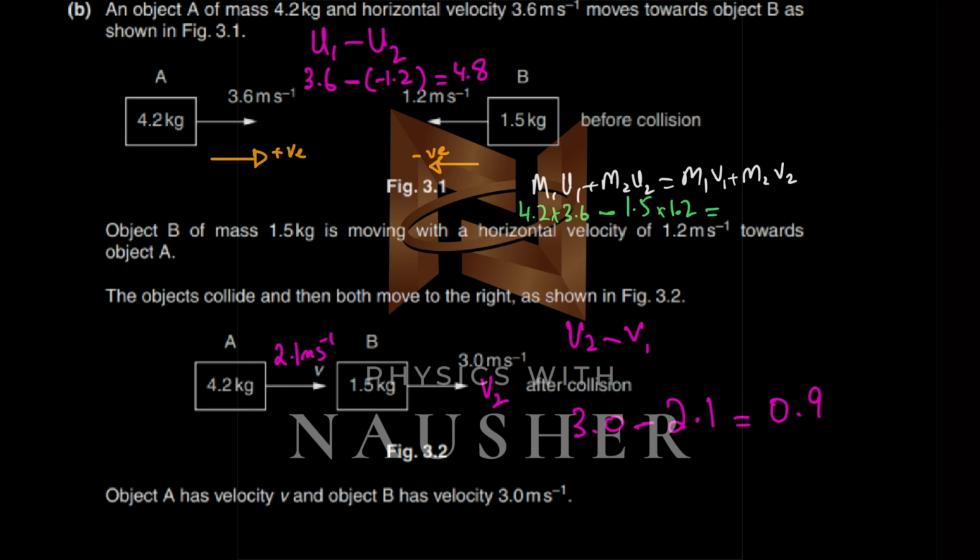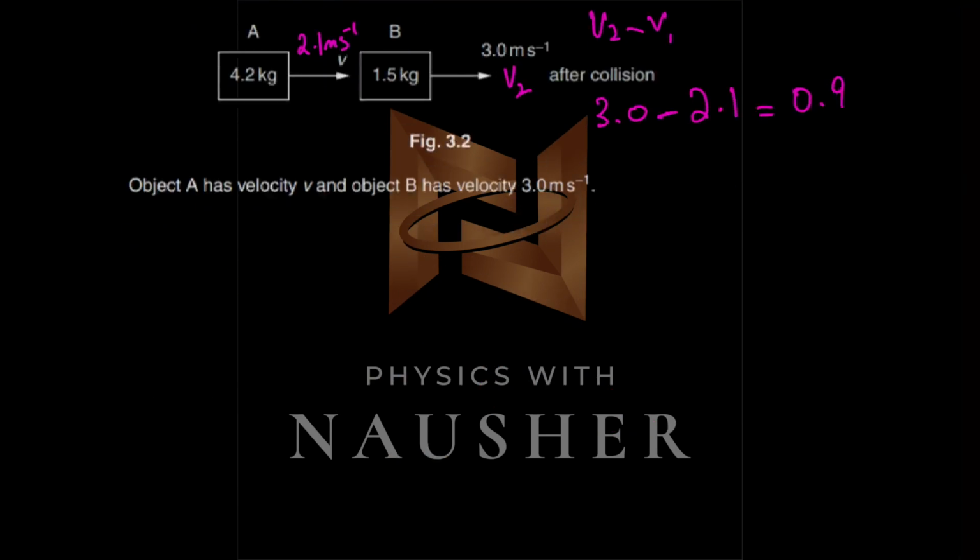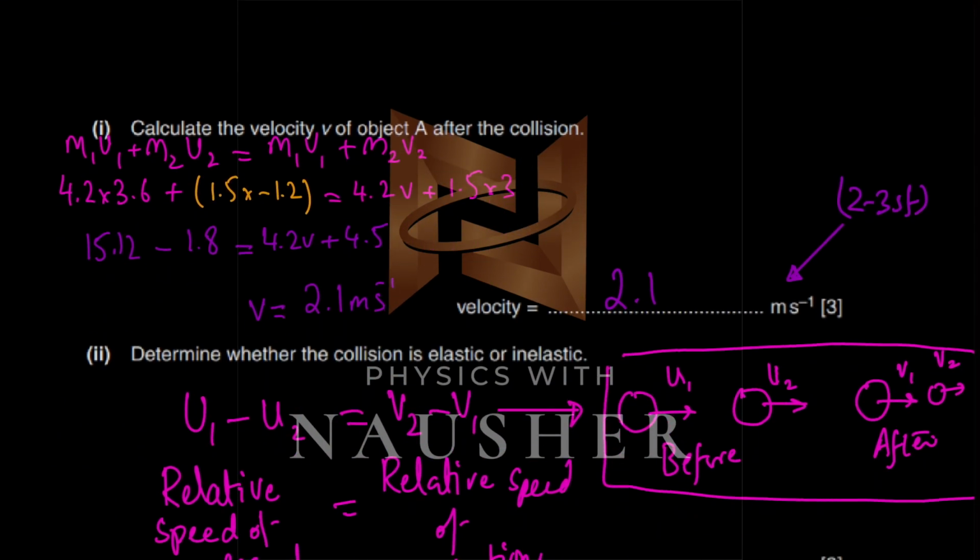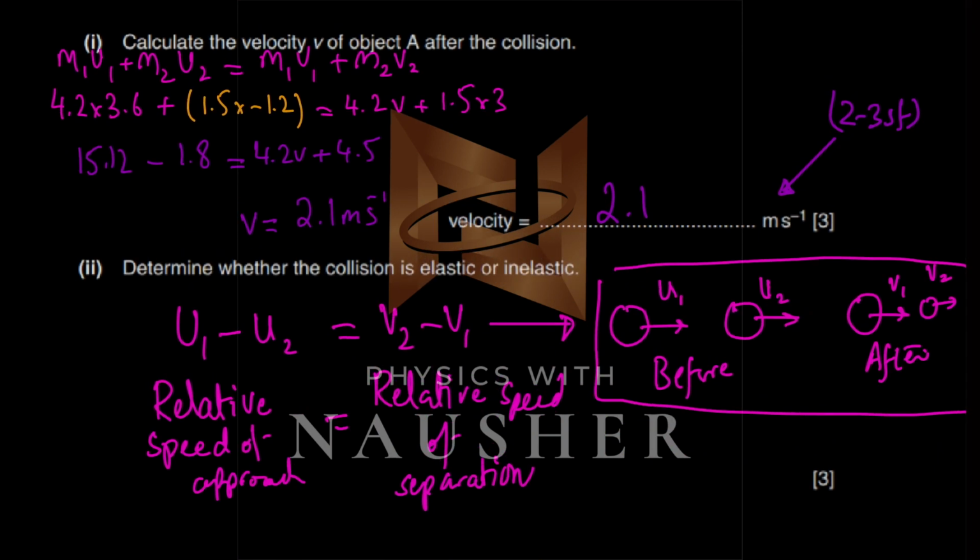So 4.2 into v plus 1.5 into 3, because this has speed 3 and this is mass 1.5. So 4.2 into 3.6 minus 1.5 into 1.2 should be equal to 4.2 into v plus 1.5 into 3. Let's go and find out. The velocity turns out to be 2.1 meters per second, to 3 significant figures.